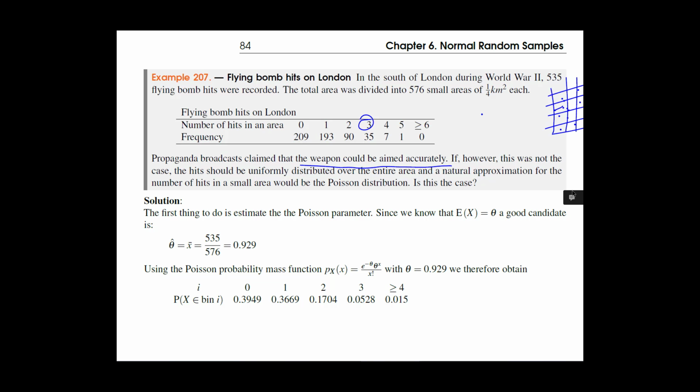Poisson, in a sense, relates to the limit of the binomial approximation, remember? All these small areas are like Bernoulli trials, if you will. If it were Poisson distributed, all should have approximately the same number of bombs falling in. So that's the test we're making.